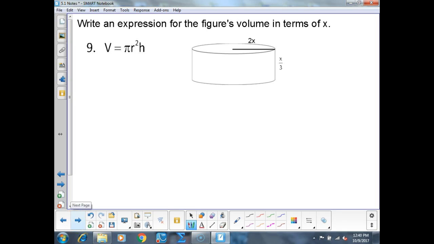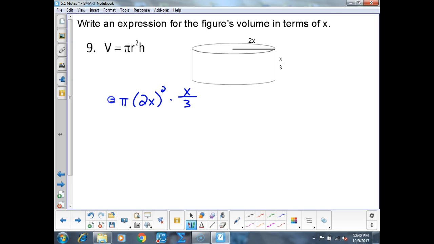So using that formula, pi is going to stay pi. My radius is 2x, and that has to be squared. And then my height is x over 3.